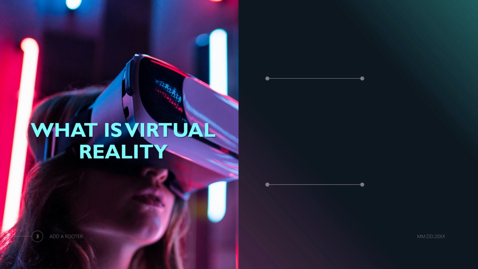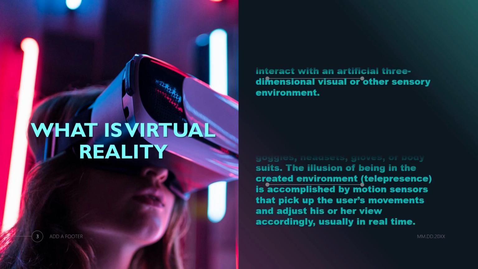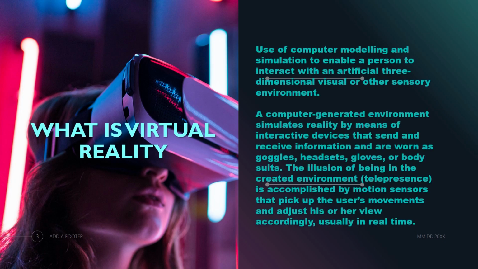Now, before moving on to the rest of the details about how it works and what are the advantages and disadvantages, I would like to talk about what is this virtual reality. It is nothing but the use of computer modeling and simulation to enable a person to interact with an artificial three-dimensional visual or other sensory environment.